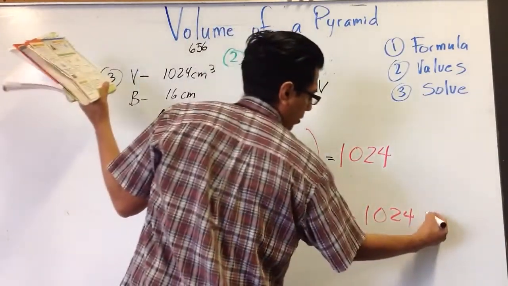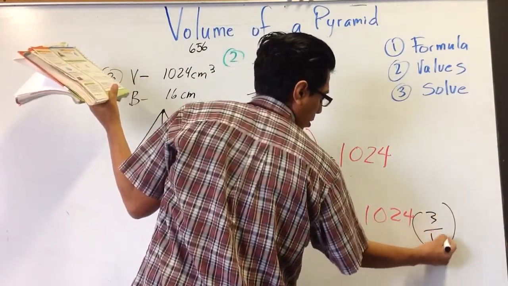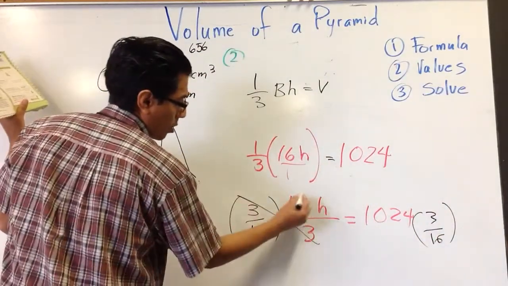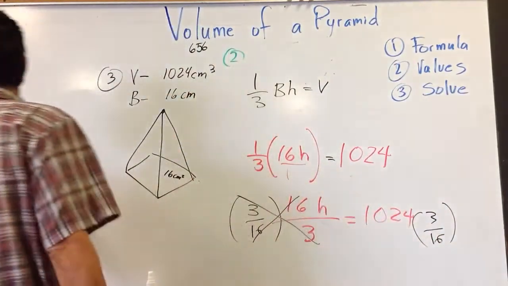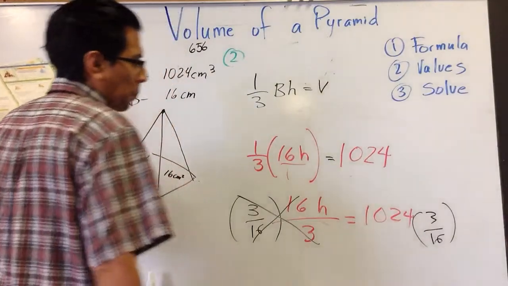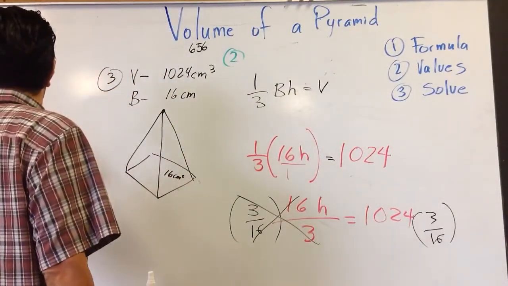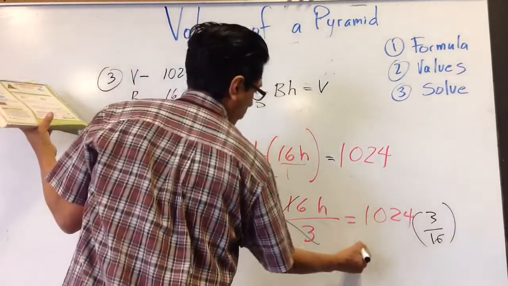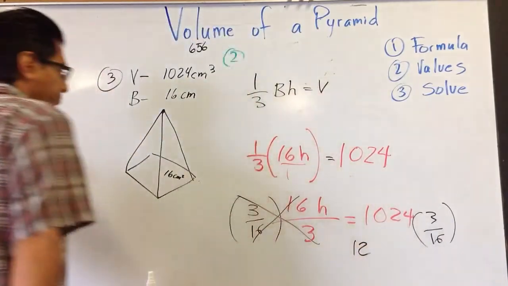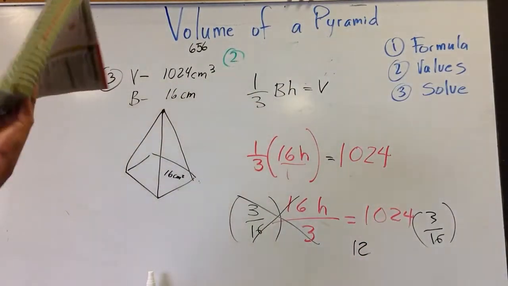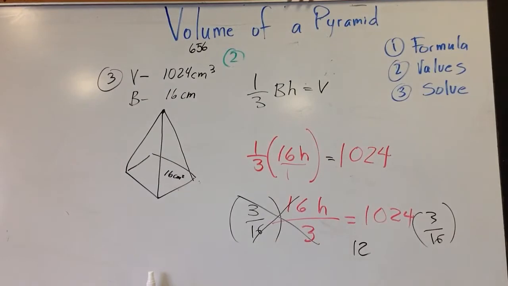See this? And that's going to cancel these out. And then when I do that work, which doesn't look right to me, I'm supposed to get 12.